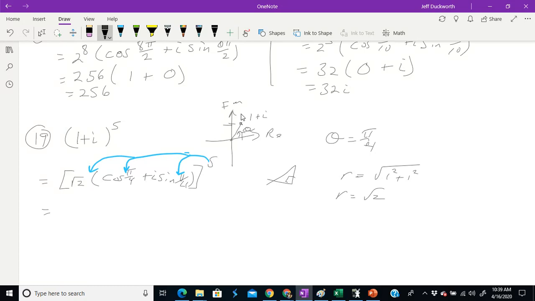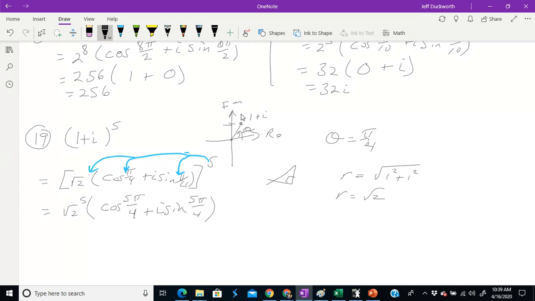So that is going to be root 2 to the 5th, times cosine 5 pi by 4 plus i sine of 5 pi by 4.